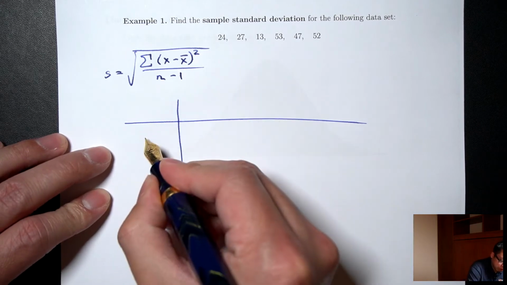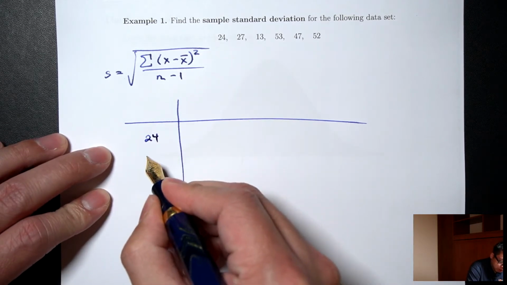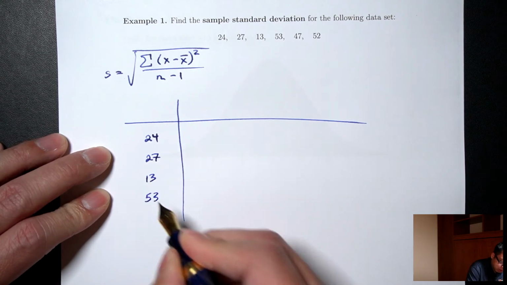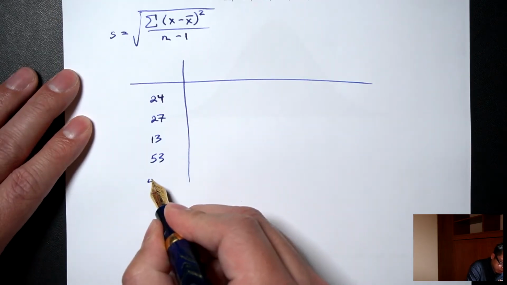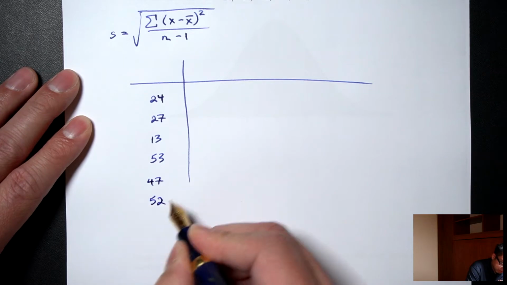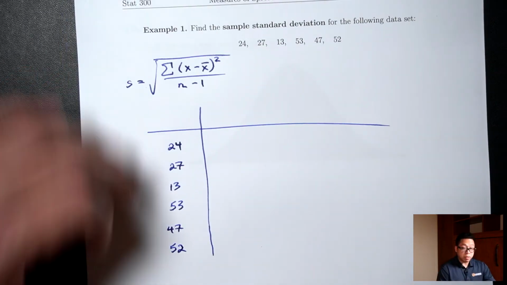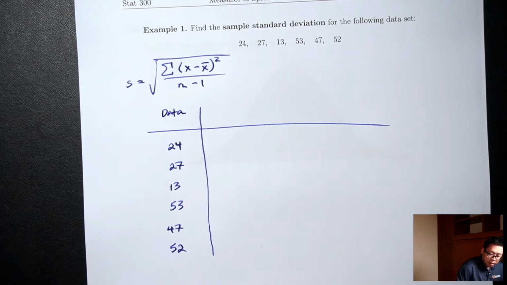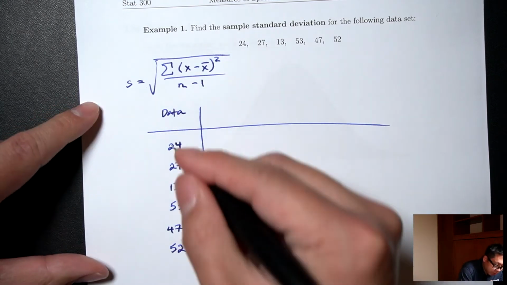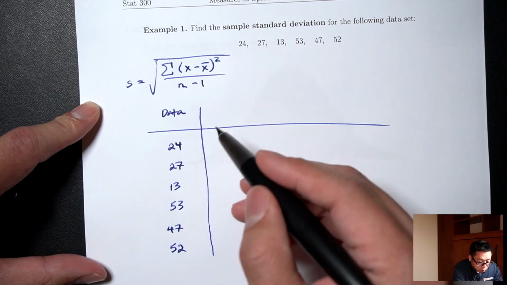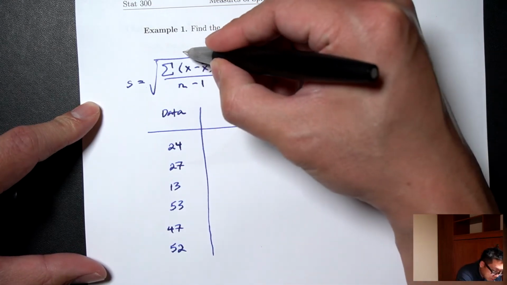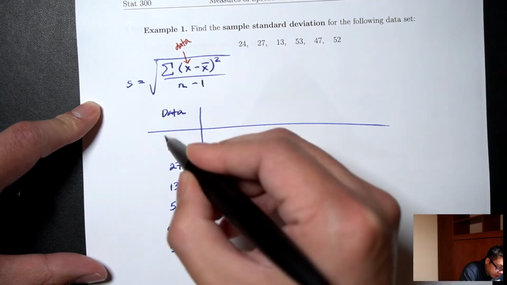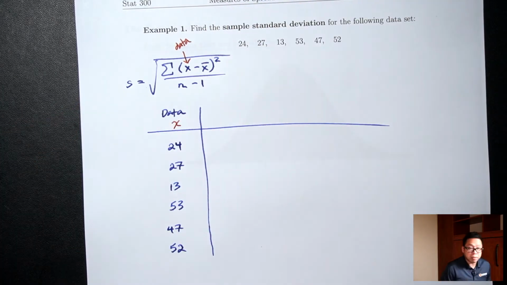So 24, 27, 13, 53, 47, 52. Okay, this is my data. And like I said, in my formula, the x here is my data. So we're listing out the x's.